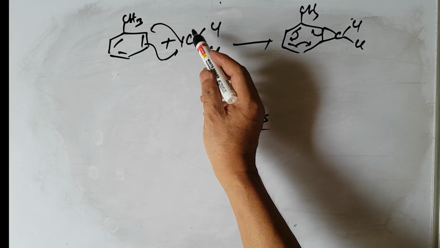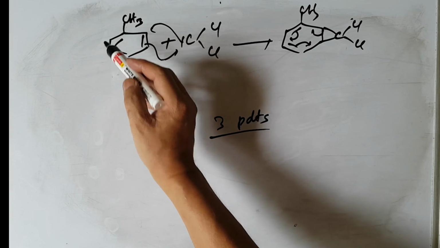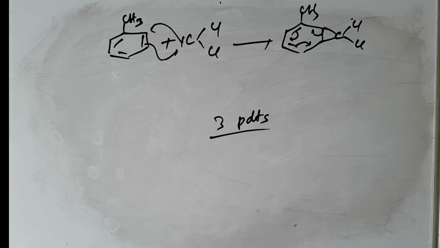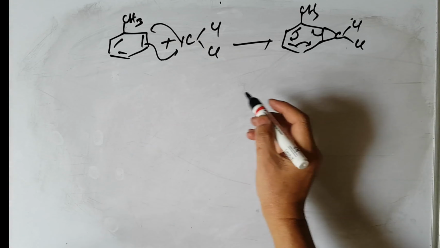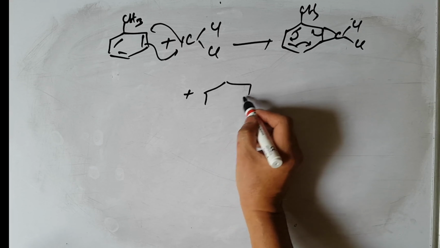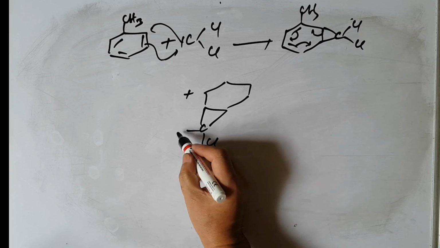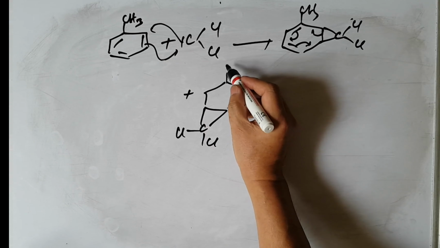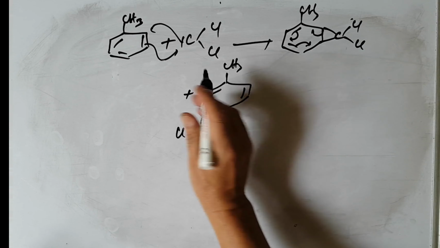Here this carbene can attack this double bond, or the carbene can attack here at the double bond, or the other one like this. So you got three types of intermediate. So the first intermediate is this one, and the second intermediate is this one, plus this one. So here you got CCl2, this double bond reacts with the methyl group, and this double bond is intact.